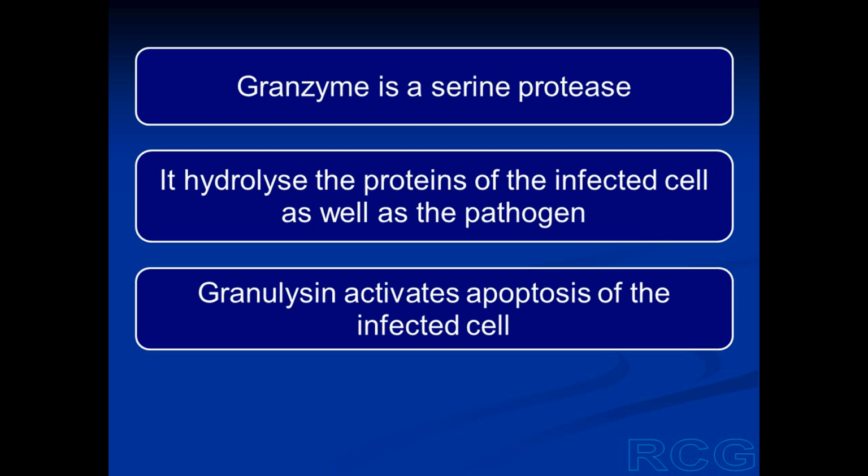So the proteins of the infected cell and proteins of the pathogen are broken down and destroyed by granzyme. And granulysin activates apoptosis of the infected cell. So the infected cell is programmed to die. So the infected cell will die and the pathogen which is present inside the infected cell will also die.